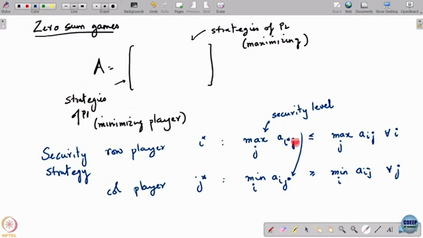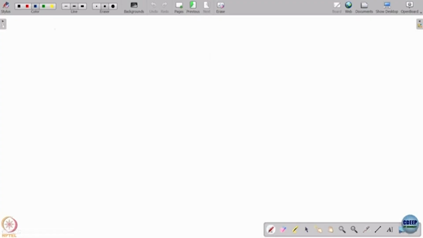Any other strategy j that the column player played was always beneficial for the row player. So, the security strategies satisfy this property, that the max over j of a i star j is always greater than or equal to a i star j for all j.